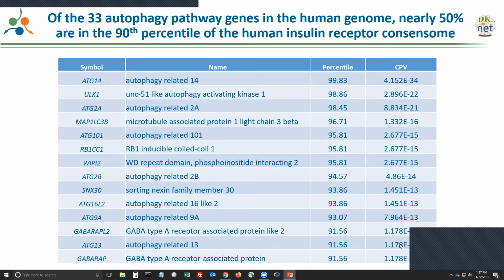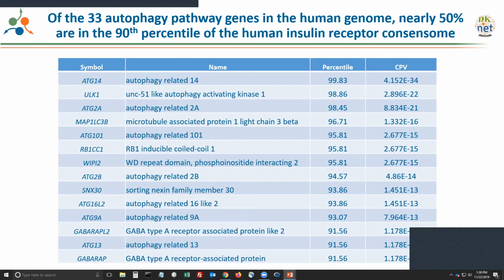So this leads us to the hypothesis that in addition to regulation of autophagy at the protein level, signaling through insulin receptors supplements that level of regulation by modulating the expression of messenger RNAs encoding factors in the autophagy pathway.